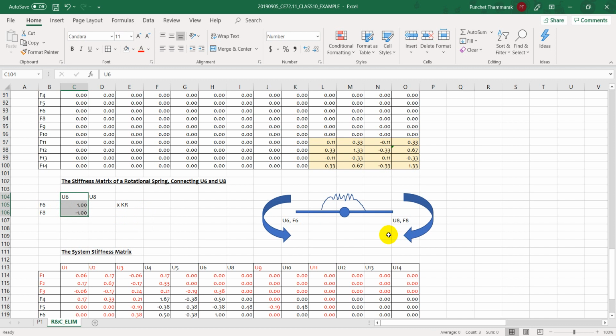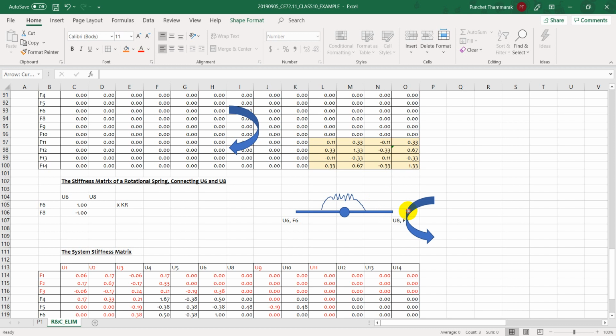Same concept. We work on everything in this framework. Now, let's forget about that. Now you want to apply the rotation U8. So this will rotate along the U8 direction. If you apply U8, then F8 will be equal to 1 times KR times U8.